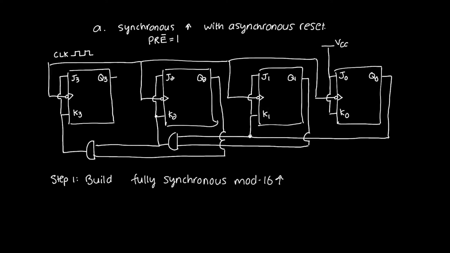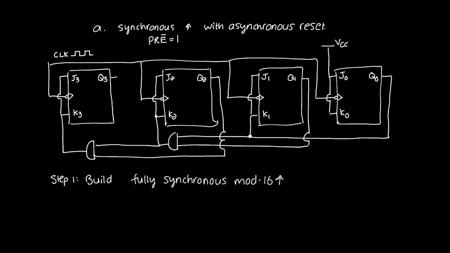If I had wanted a mod 32 up counter, I would have added another flip-flop to the left, with output Q4, and J4 and K4 would also be wired together, taking the ANDed inputs of all the 4 previous stages, Q0, Q1, Q2, and Q3. So that is a pattern.